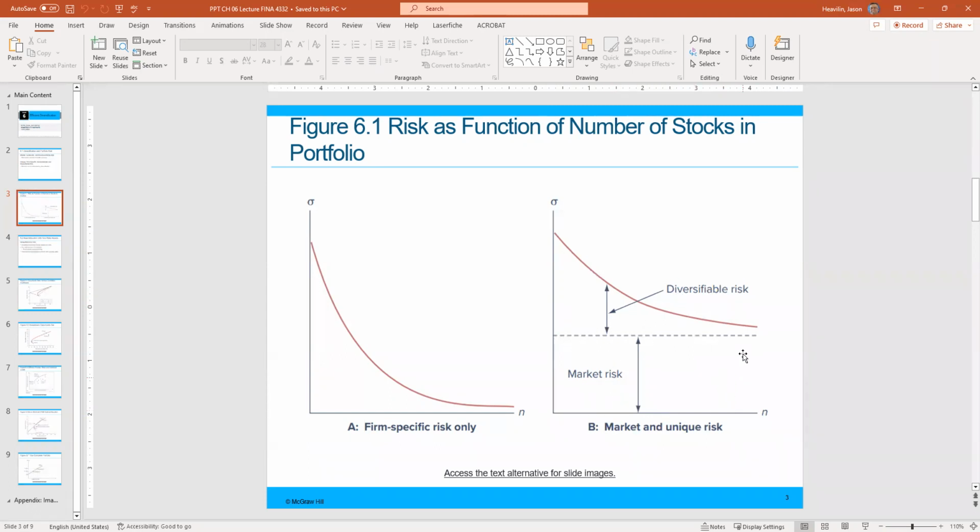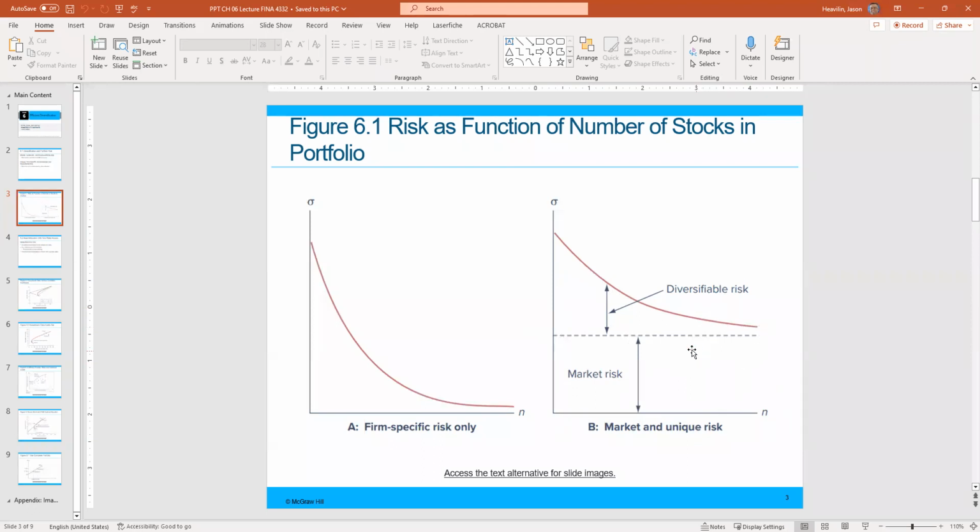Market risk, as we explained, everybody is subject to that. So you can't really get rid of this. This is just the nature of the economy. And that's why you see that if you have one stock, just one, you're taking the entire risk that comes with it. But as you start adding stocks to your portfolio from different industries and companies, it will start bringing down that standard deviation. But you can never really break below the market risk line.